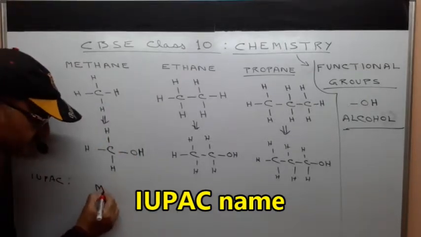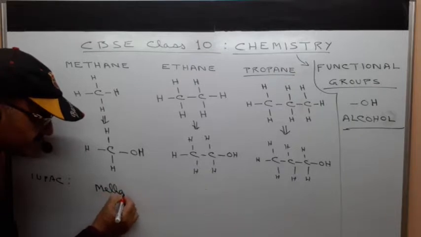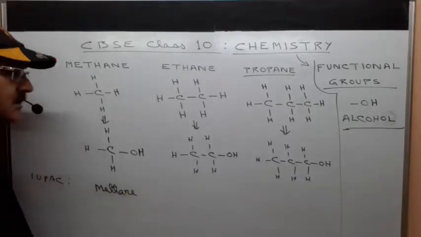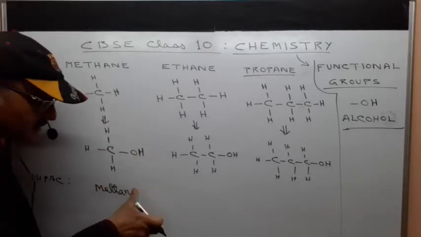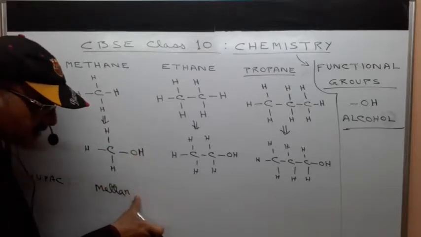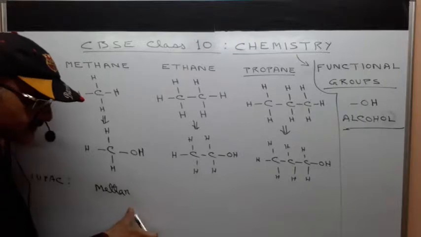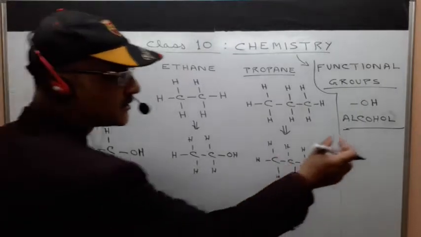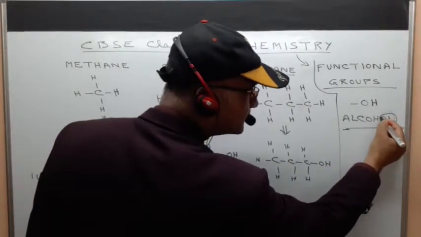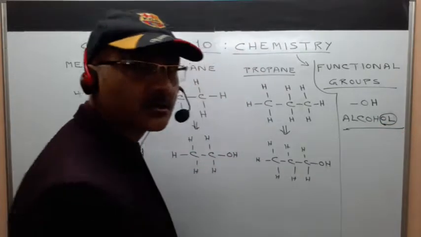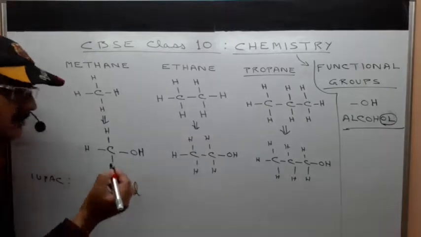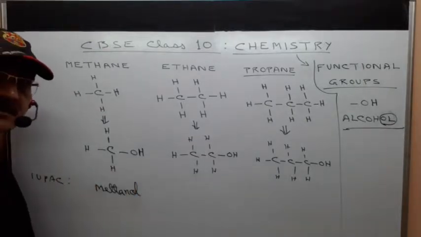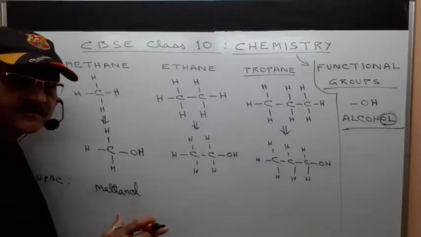So let's start with methane. Then when one hydrogen is replaced with the alcohol group, we omit this E from the end and we replace it with OL from the alcohol group. So this becomes methanol. This is the naming convention.